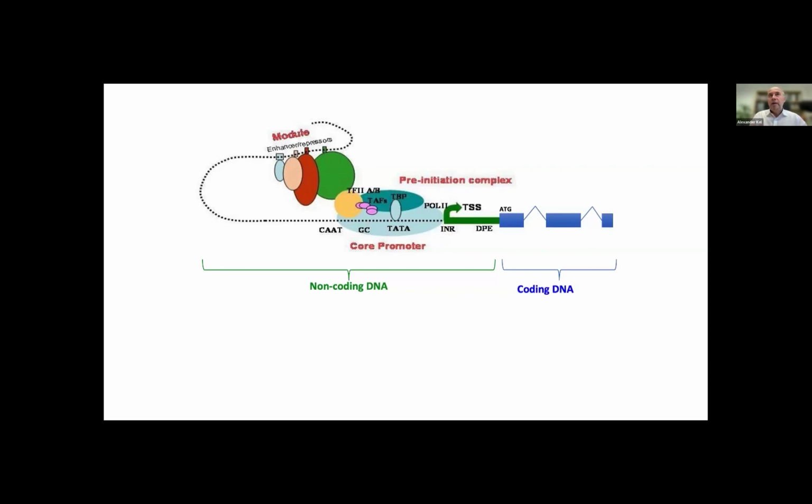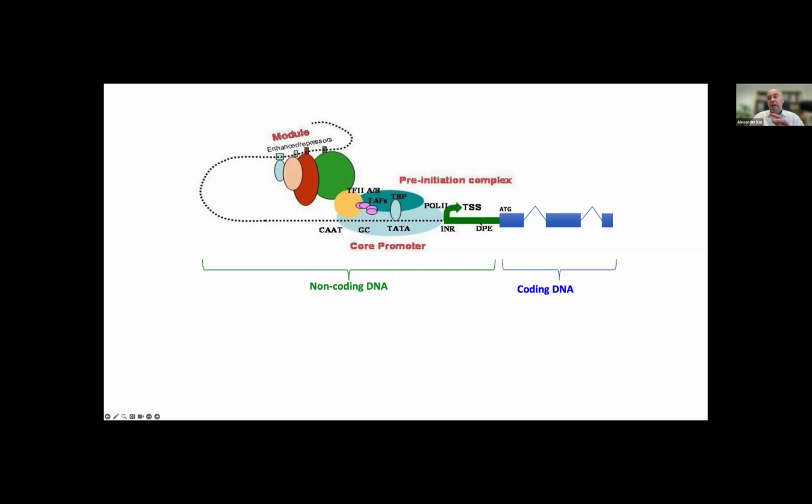But we also know that this core promoter is a place where most of the basic transcription factors are binding. But other transcription factors, and other factors involved in the regulation of genes, are not only binding in promoter regions.